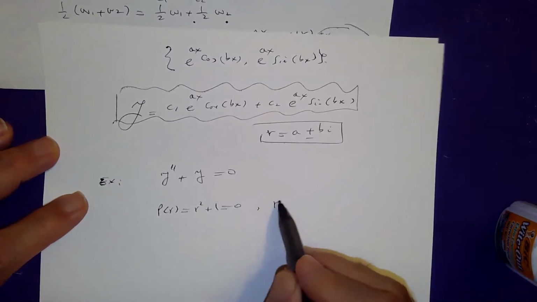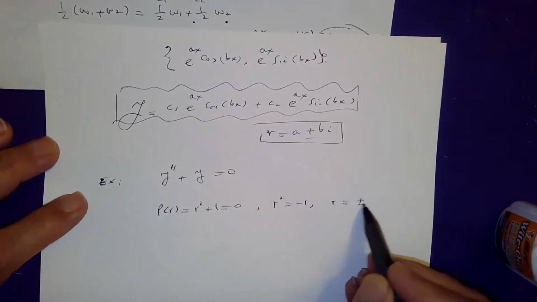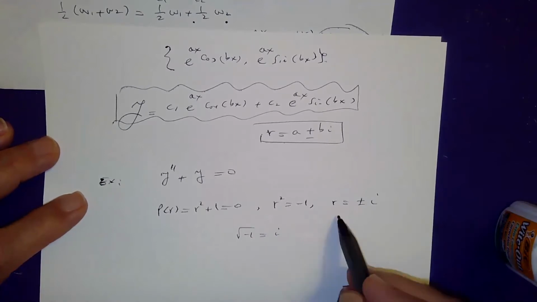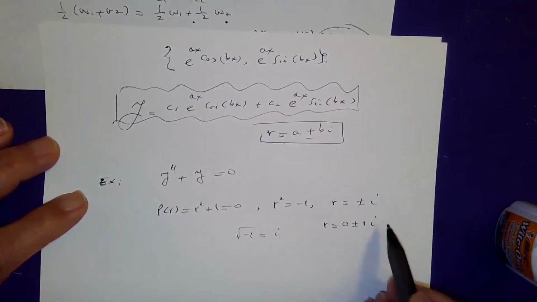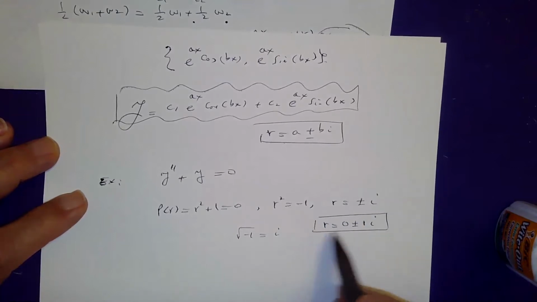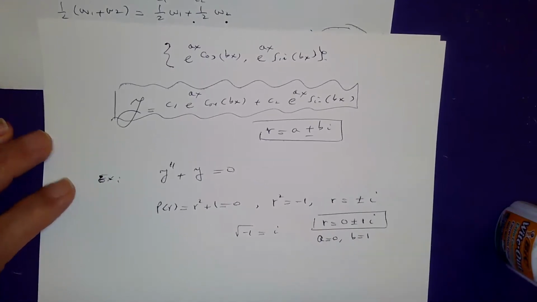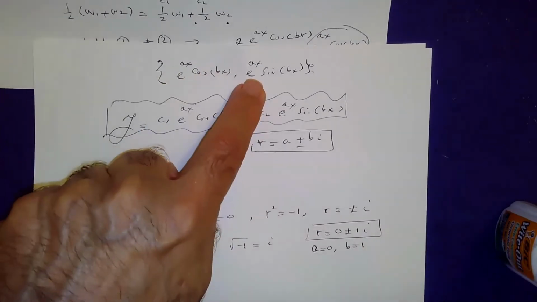So if you solve, r squared equals -1, that means r is equal to plus or minus i, because the square root of -1 is i. Correct? This is the same as r equals 0 plus or minus 1i. Why did I do that? To show you my a is 0, my b is 1.